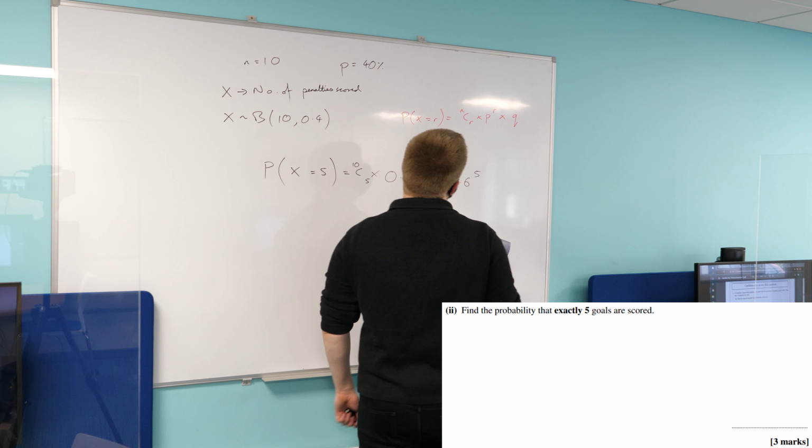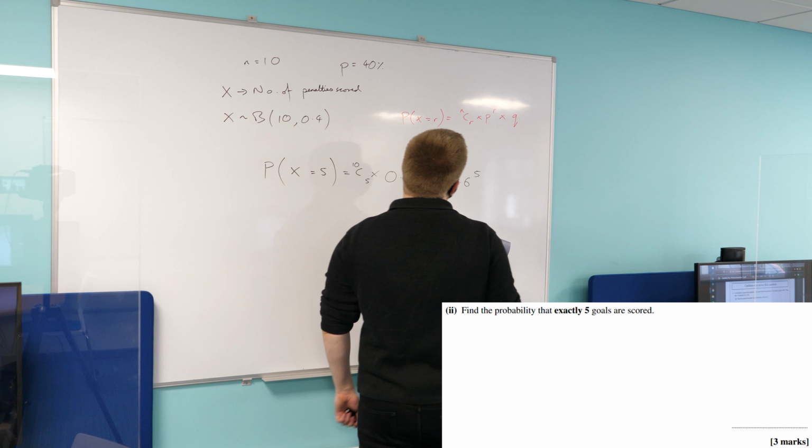Right, because in this case, we just simply say how many ways are there of choosing 5 successes from 10 possible trials. So if you remember, this is just simply the probability mass function, which is again in the formula sheet for a binomial distribution.